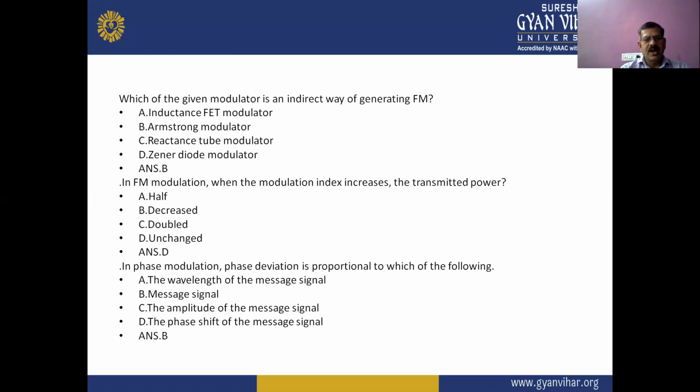Option A, the wavelength of the message signal. Option B, message signals. Option C, amplitude of the message signal. Option D, phase shift of the message signal. So here the correct answer is option B.